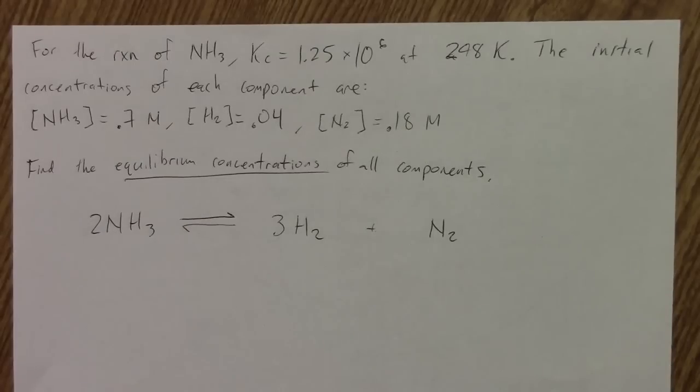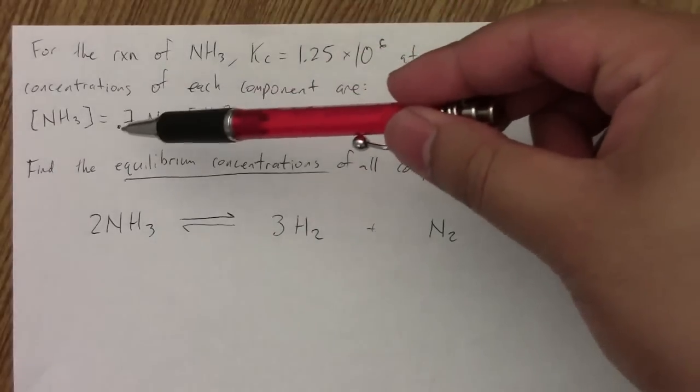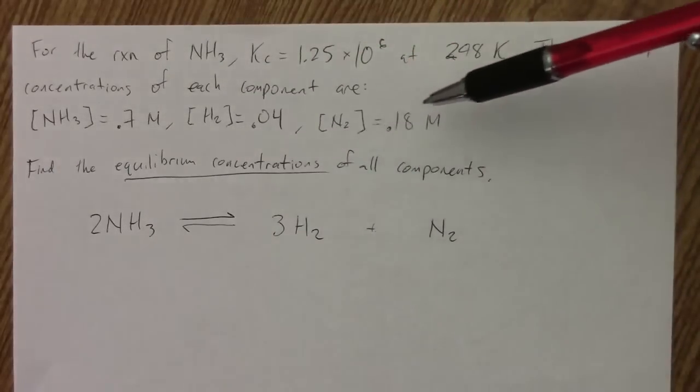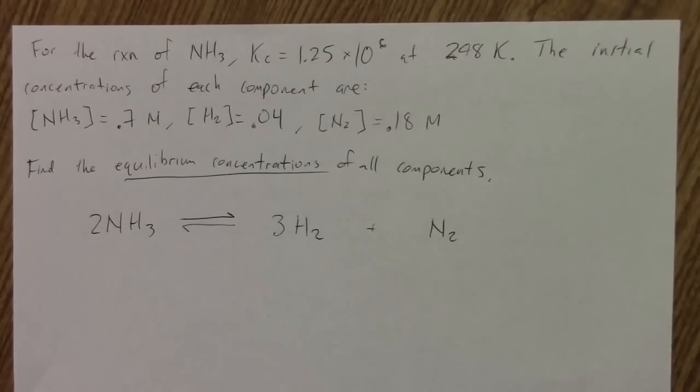Now the first thing that we need to do when we have this type of problem, even before we get into the ice table, is to figure out Q so we know which direction we're going to go. Notice that we have 3 concentrations given: 0.7 molar, 0.04 molar, 0.18 molar. The fact that none of these are 0 indicates that we don't really know which way we're supposed to go.